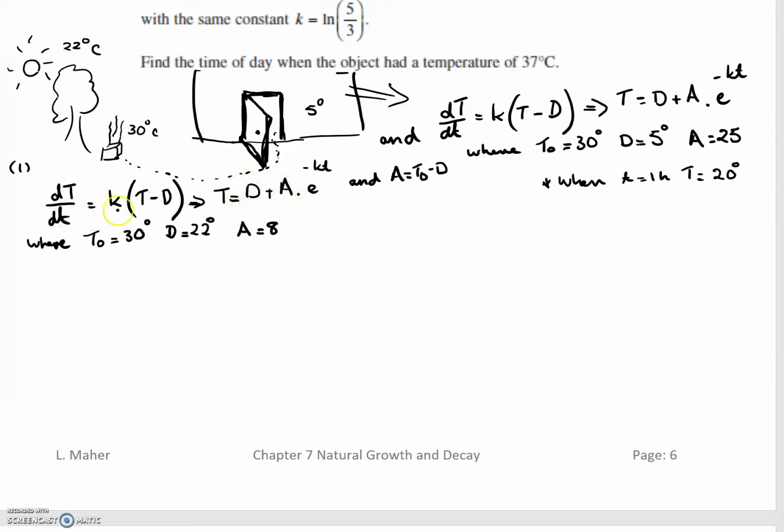A solution to that differential equation is T is equal to D, the constant, plus A, which is just the difference at time 0 between the temperature and the constant, times e to the minus kt. What we know in this situation is that the object at time 0, and we'll see later that actually that wasn't time naught, but for now, time naught is 30 degrees.